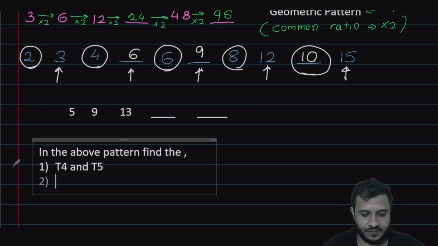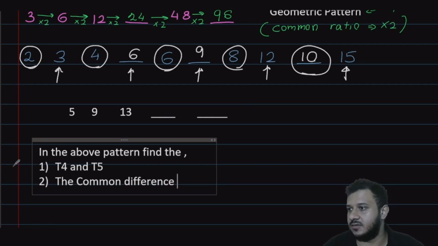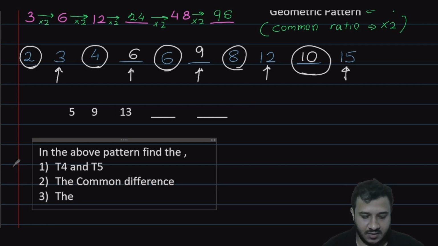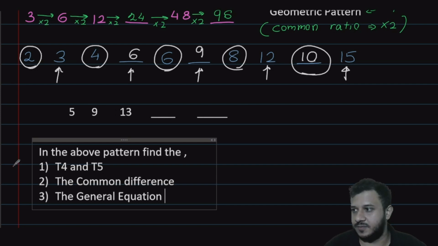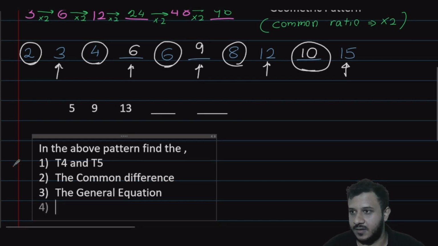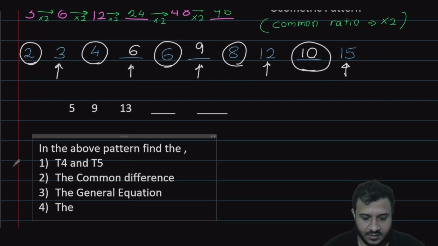The next one, the common difference, the general equation, then the term, the value of the 100th term.